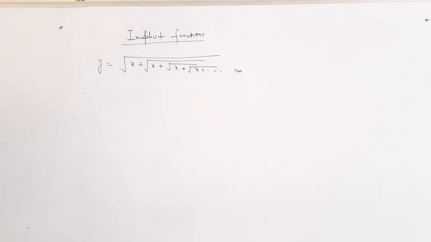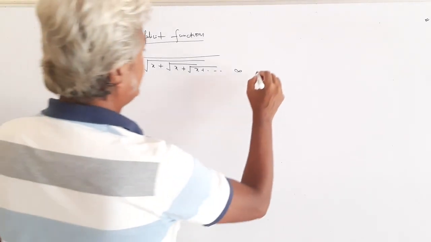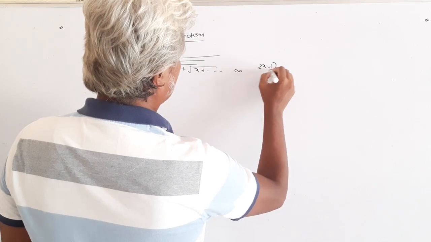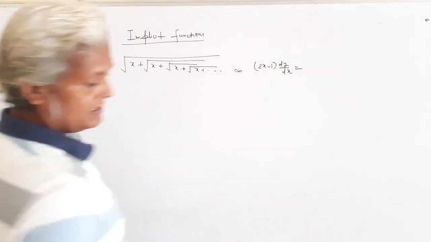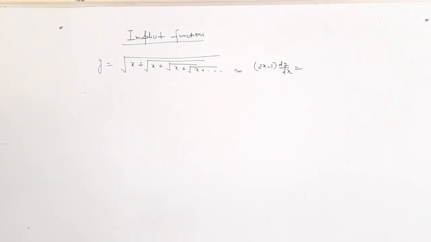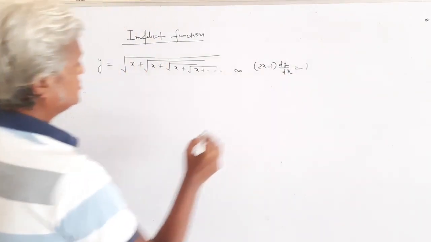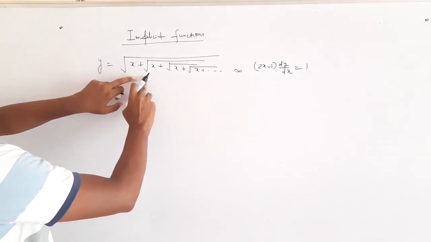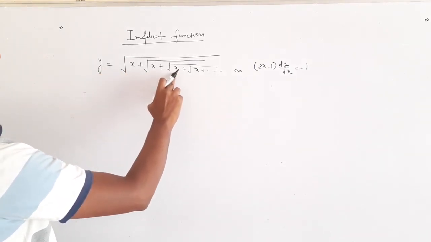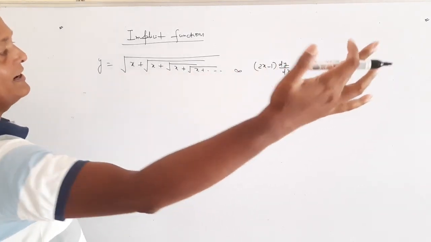And then what we have to show is (2y minus 1) dy/dx equals 1.